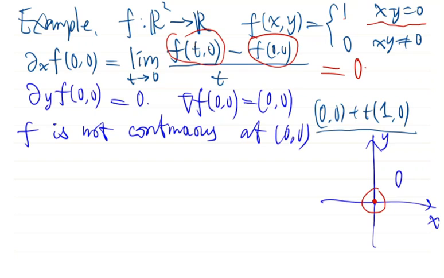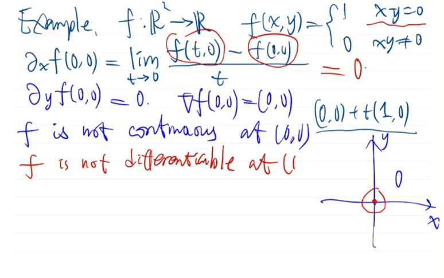So f could not be continuous at the origin. And since f is not continuous, f must not be differentiable at the origin. So both partial derivatives exist, but this could not give the differentiability of f at that point.